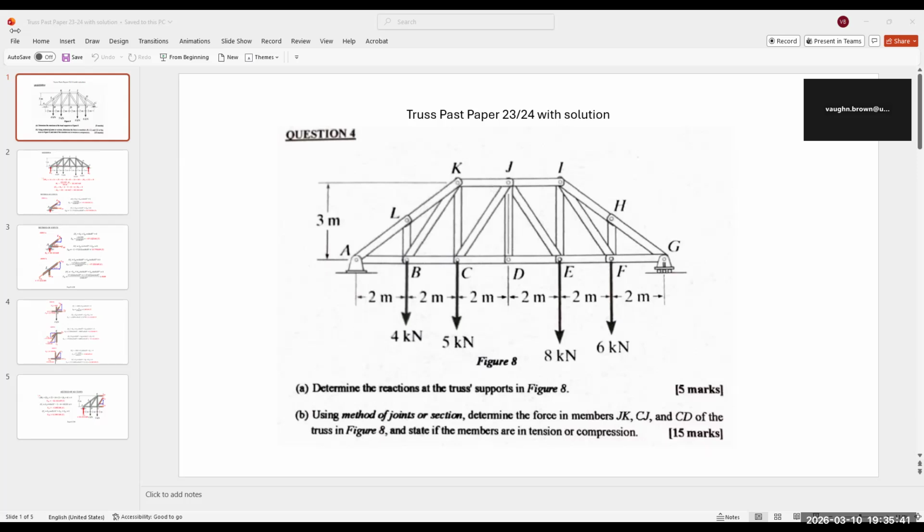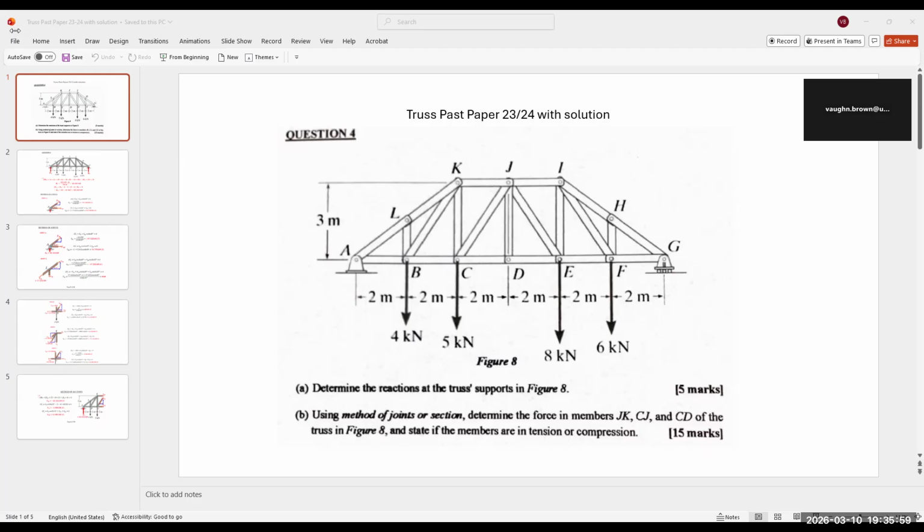And we need to determine the supports. This is a pin joint, so it has two support reactions, one here, one going there. And this is a roller here. So one support, it can roll horizontally, so it must have a vertical reaction.